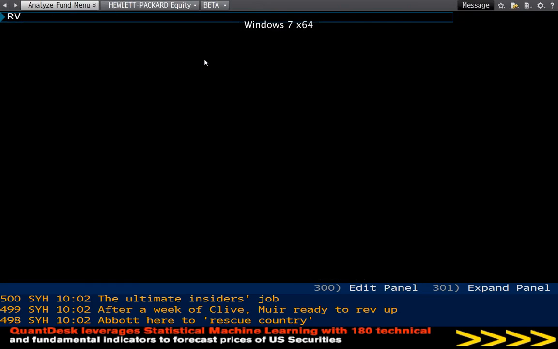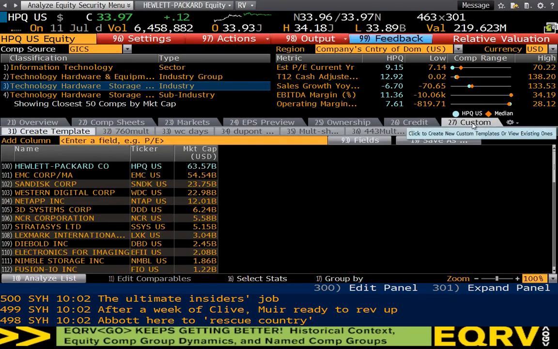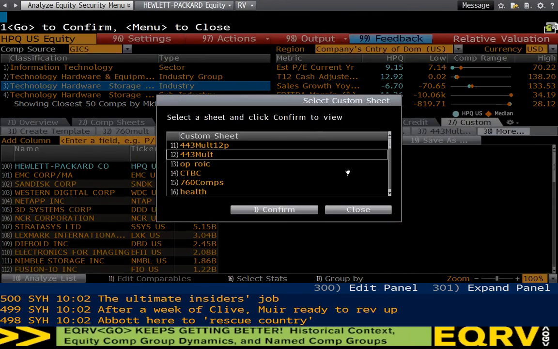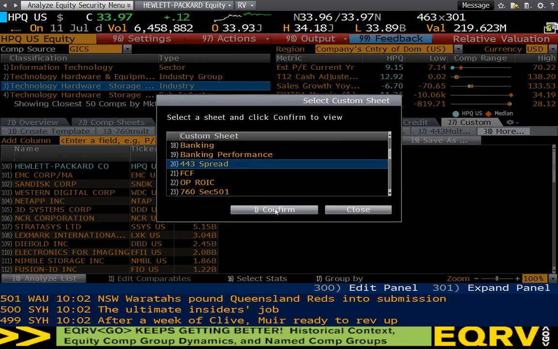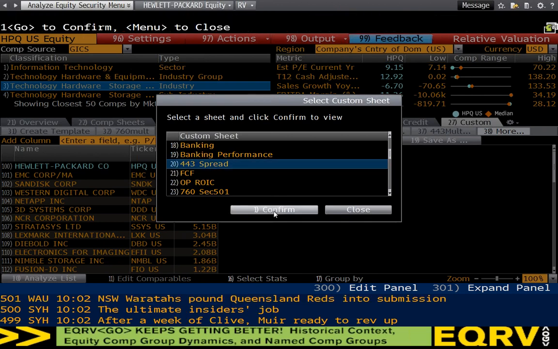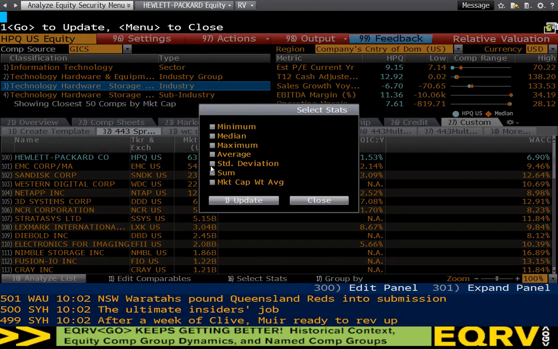on the RV screen, you're going to need the screenshot with the spread, which had the industry ROIC against, I'm just using HP as an example here, the market cap weighted average.